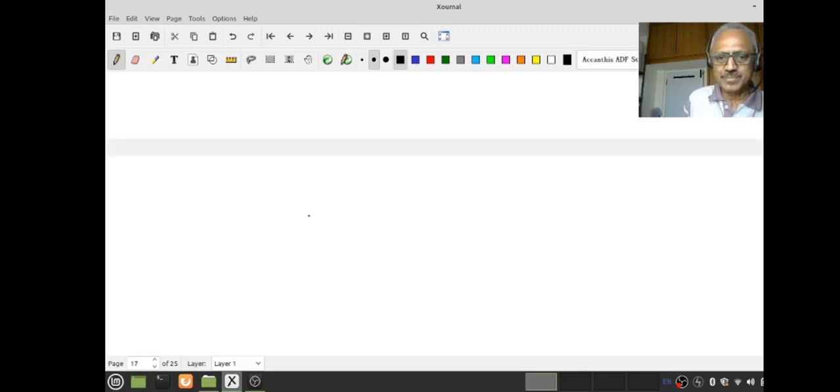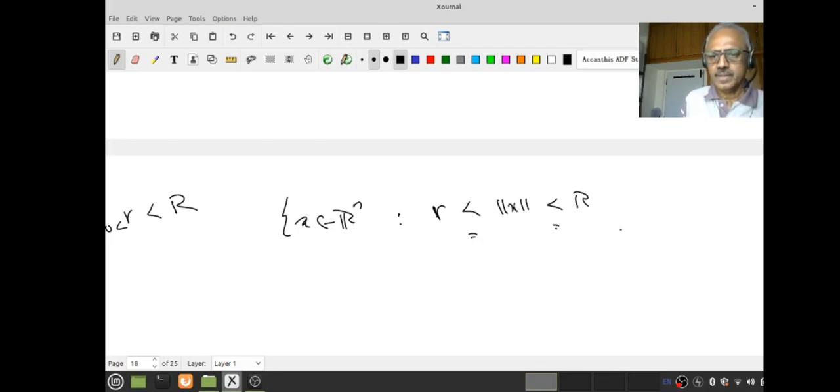That is very clear, because what is an annular region? It is the set of all points x in Rn such that, fix a little r less than capital R, little r is less than norm of x, or maybe less than or equal to also. This is a closed annulus if equal to is allowed, otherwise it's an annulus.